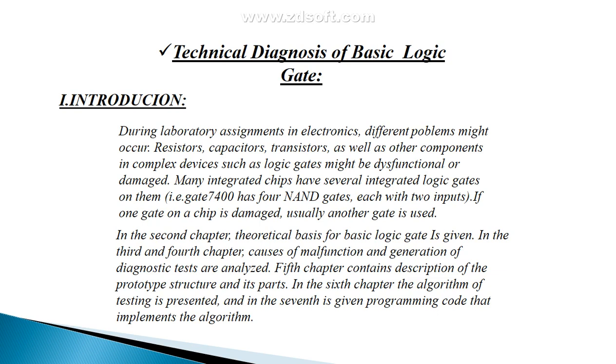So there are seven chapters, like seven headings. In all headings, we have discussed different things. In the second chapter, the theoretical basics of basic logic gates is given. In the third and fourth chapters, we have discussed causes of malfunction, and generation of diagnostic tests is analyzed. The fifth chapter contains description of the prototype structure and its parts.